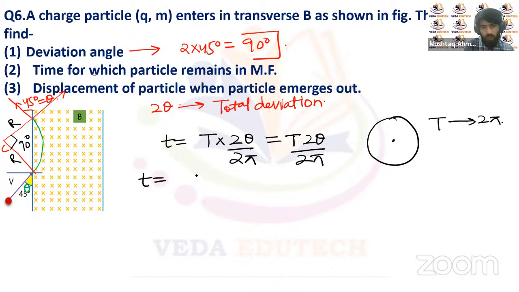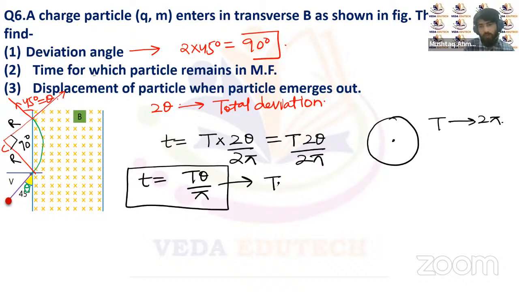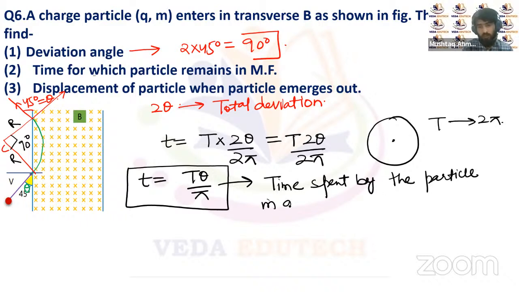We're left with T multiplied by theta upon pi. So this will be the time spent by the particle in a magnetic field, right?